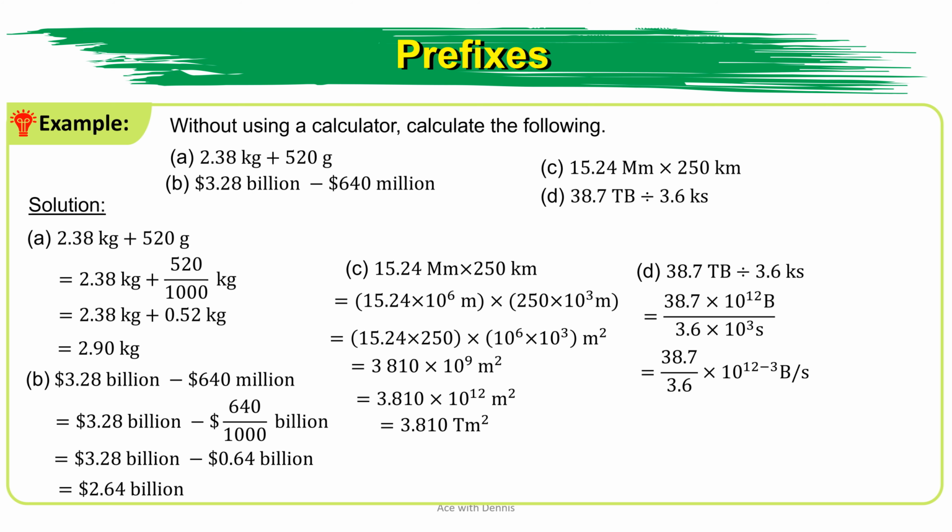So it is times 10 to the power of 12 minus 3. So 38.7 over 3.6, we get 10.75, and multiplied by 10 to the power of 9 bytes per second, which is 10.75 gigabytes per second.